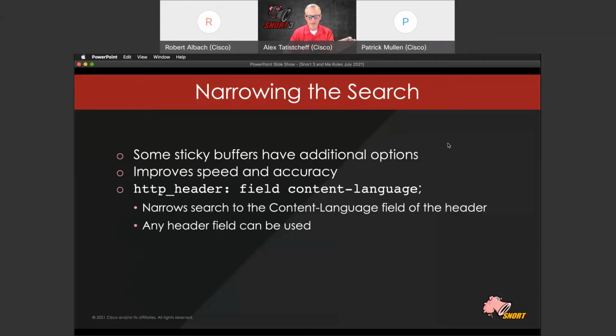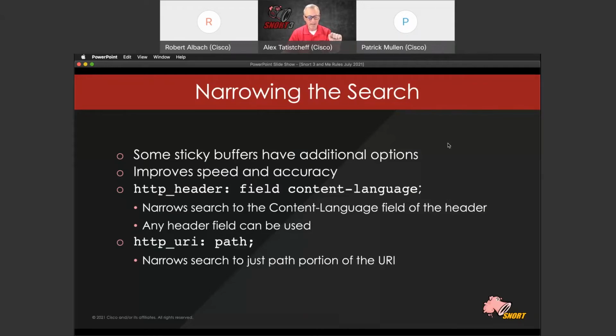But you can also use this field keyword to look at a particular field in the header. In this case, the keyword HTTP header field content language is going to constrain that search to just the content language field of the HTTP header. So if there's something you want to look for that's in that field, you can use this keyword to tell Snort only look in this particular field for that data. Again, anything you can do to make your rule more specific and more accurate makes it faster and lowers the chance of false positives.